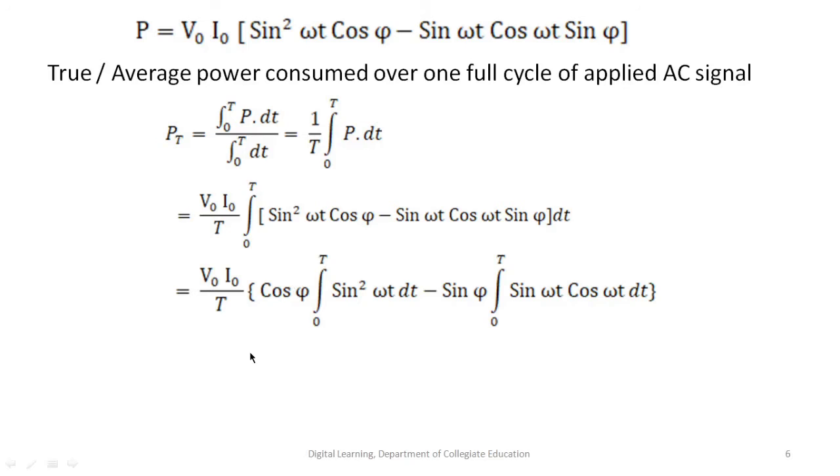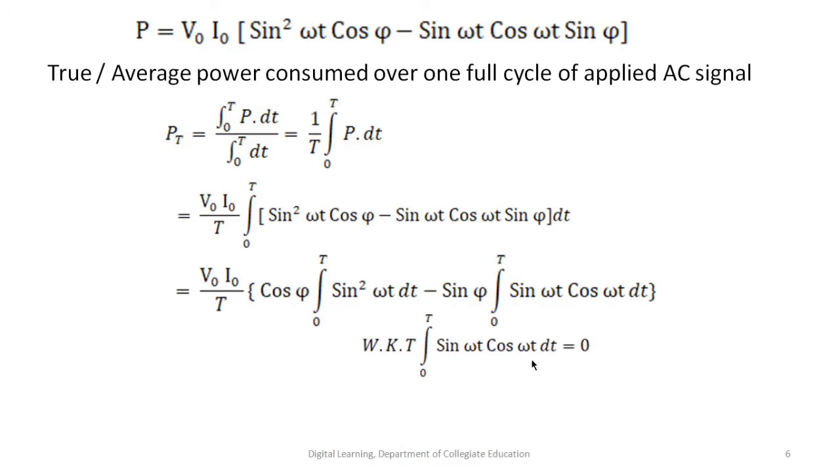After simplifying this, cos phi is a constant, taking outside: V naught I naught divided by T into cos phi integration from 0 to T of sin square omega t dt, minus, here sin phi is a constant, taking outside the integration, sin phi integration from 0 to T of sin omega t cos omega t dt.